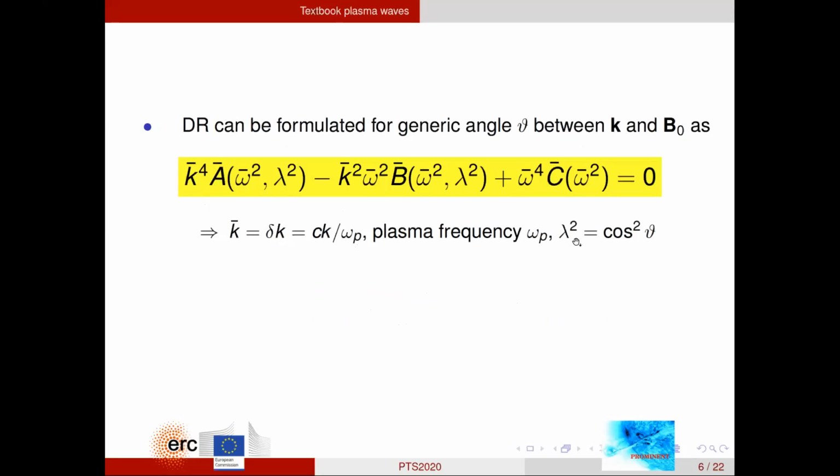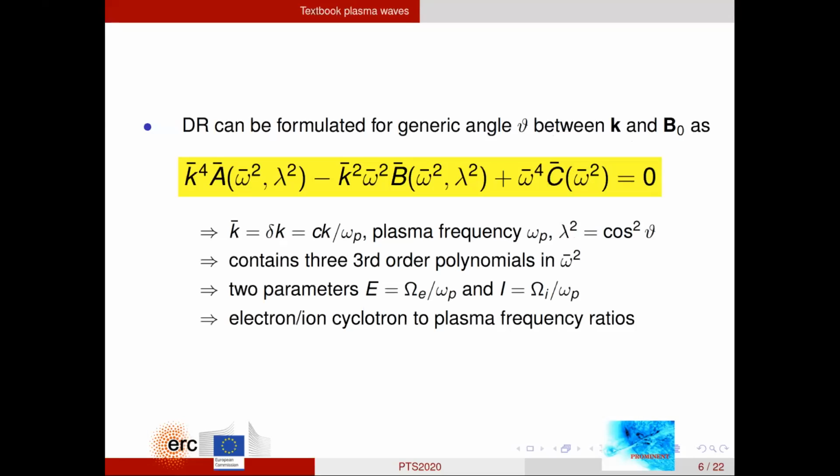And I have basically one angle. I have a background magnetic field, and a plane wave with wave vector k, so there is an angle between those two. That is incorporated in this lambda, basically the cosine squared. So this is it. We have the dispersion relation.